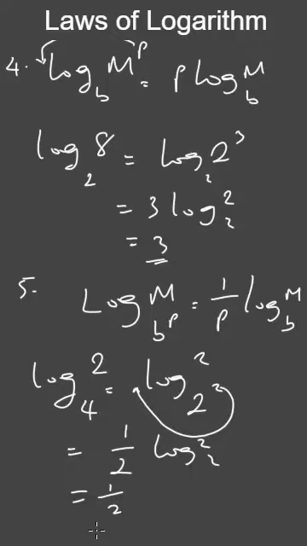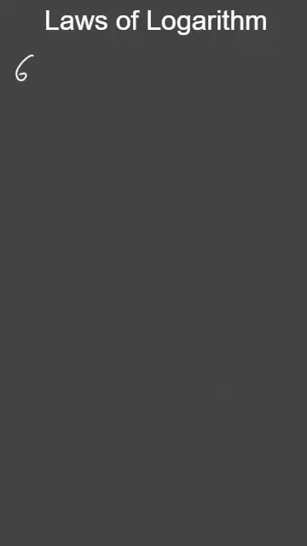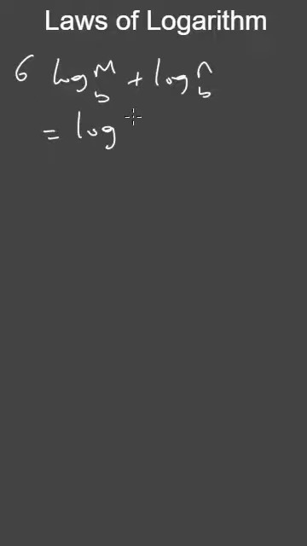So let's look at the sixth law. Law 6. If I have log m to base b plus log n to base b, it can be written as log m times n to base b.